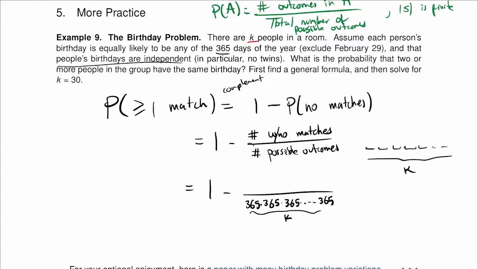And in the numerator, we have the number of outcomes without matches. So for the first person, we can pick 365 days. But for the second one, it's going to be 364, because we already picked one of the days of the year. And for the third person, it's going to be 363 days, and so on, until 365 minus k plus 1.